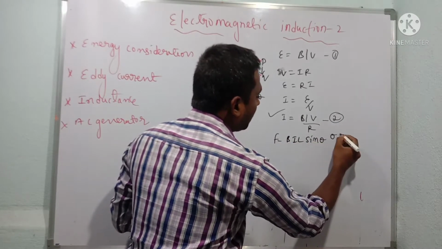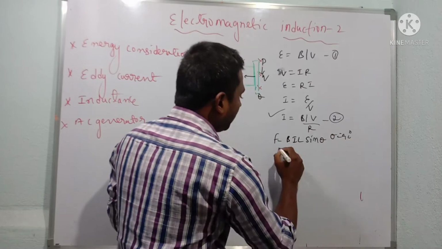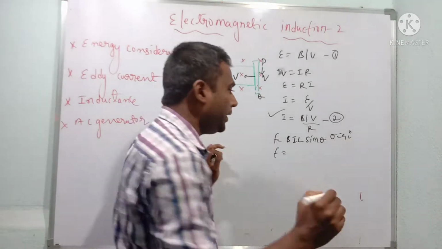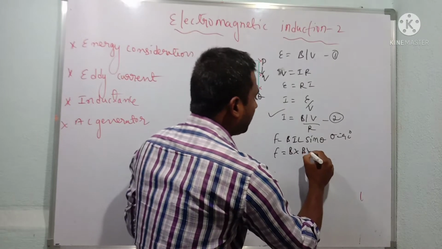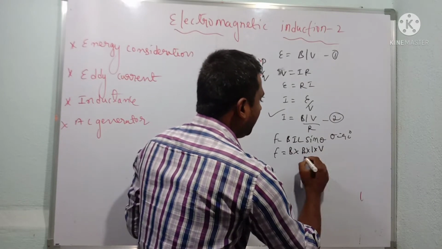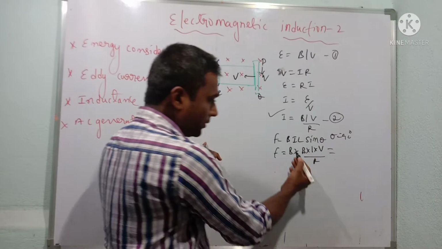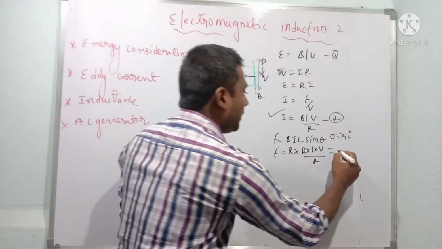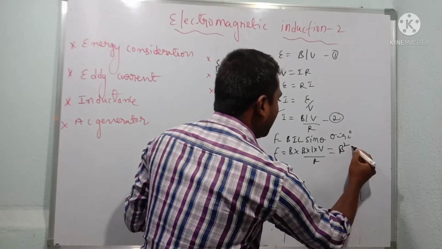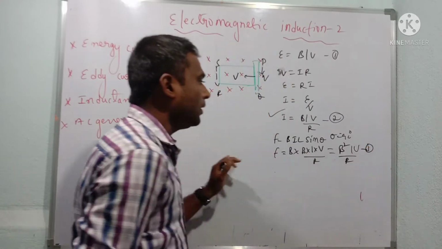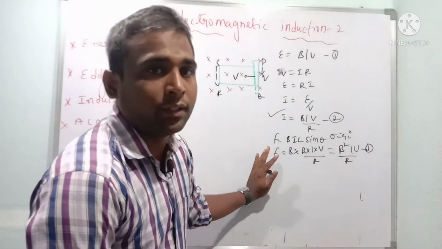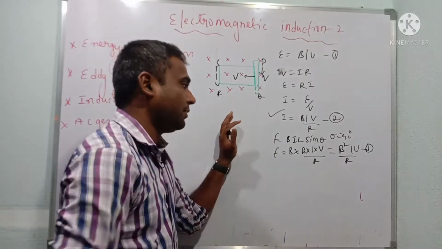If theta is equal to 90 degrees, it becomes maximum, so F is equal to BIL. I am going to put in the value of I, BLV divided by R. This becomes B into B square LV divided by R. This is called equation 3. So we got the force on this conductor.